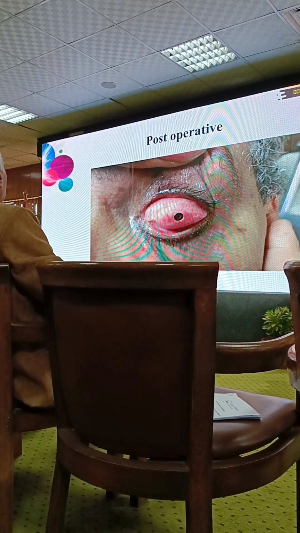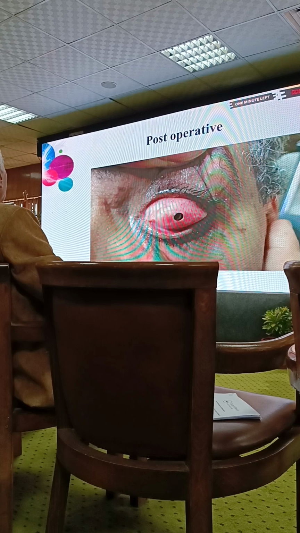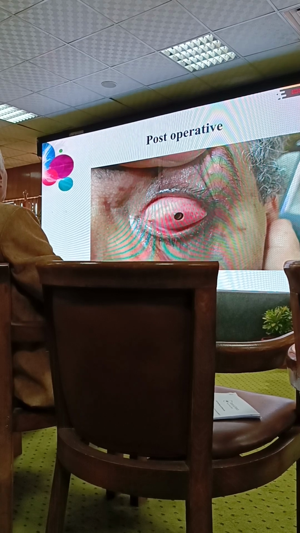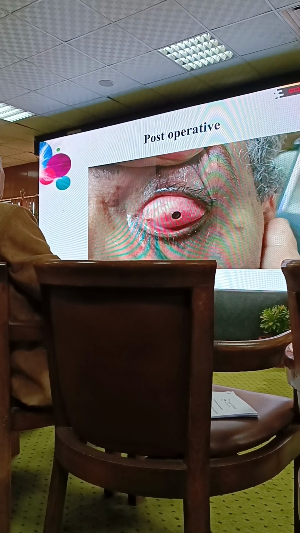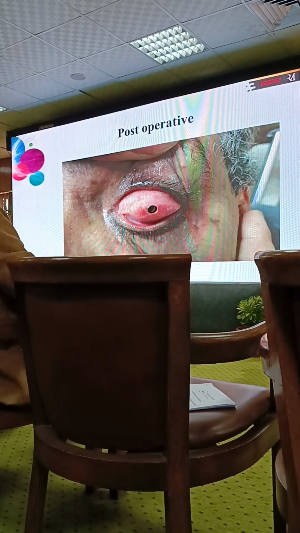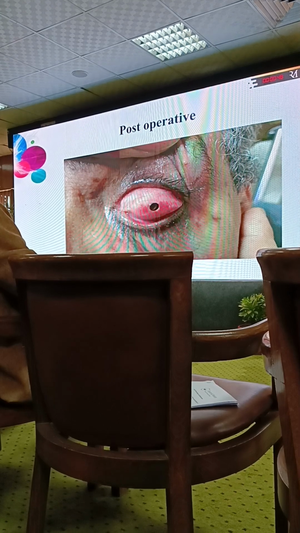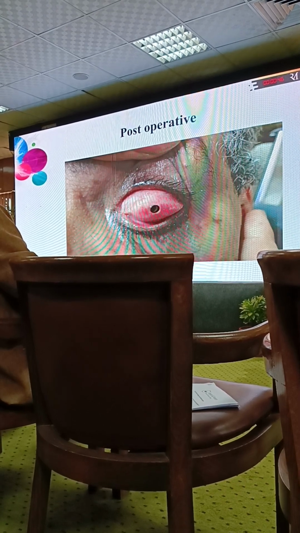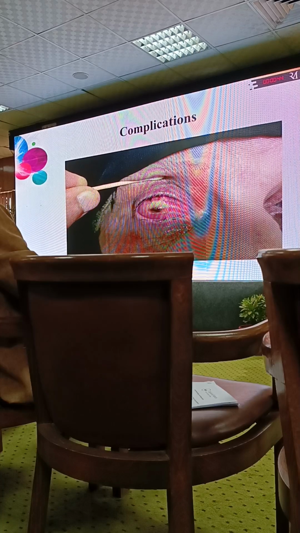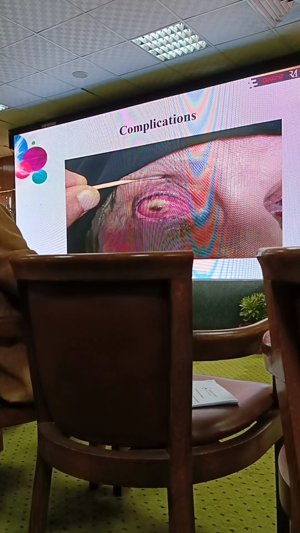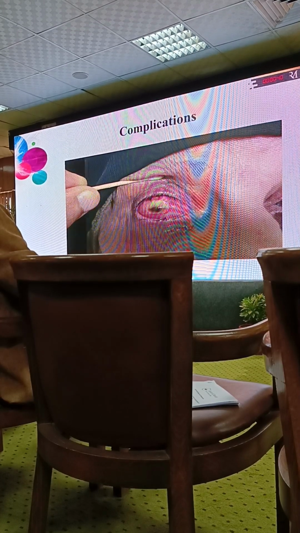Cosmetically, of course, it is not accepted by some patients, so this should be one of the counseling points which you should discuss with the patient. There are many points, but this is one important point. Many complications may arise, such as infection in the buccal mucous membrane.